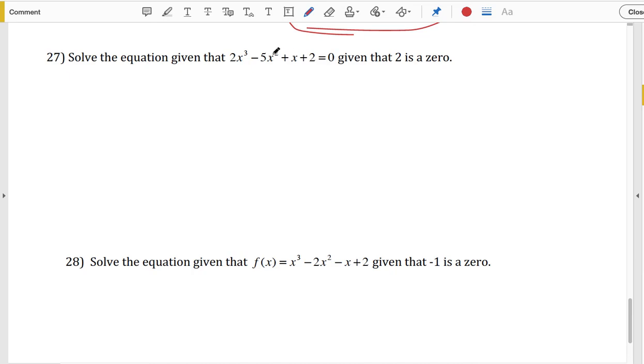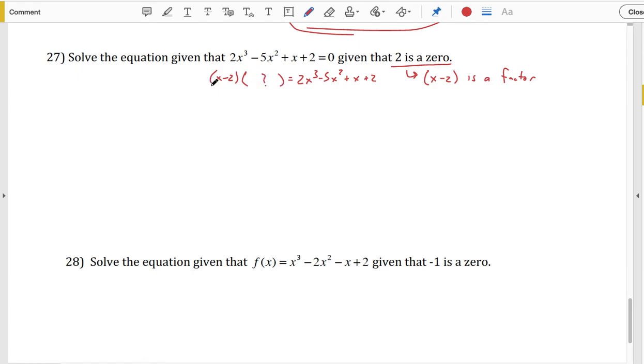If we think logically about this, if 2 is a 0, then we can conclude that x minus 2 is a factor. Because in order for 2 to be a 0, this thing must factor into x minus 2 times something equals this thing, 2x cubed minus 5x squared plus x plus 2, that's just this original function.